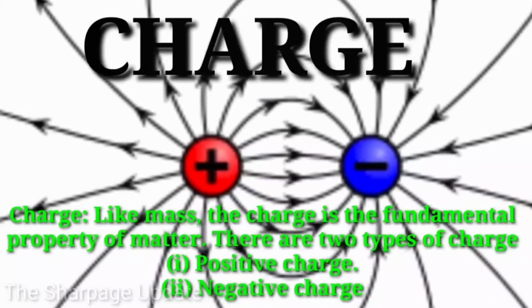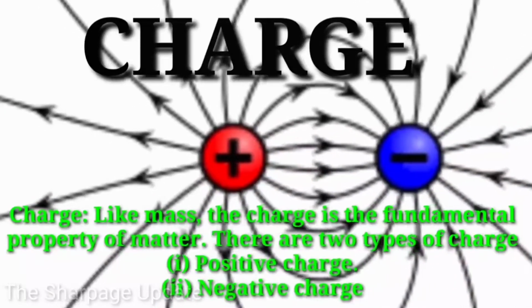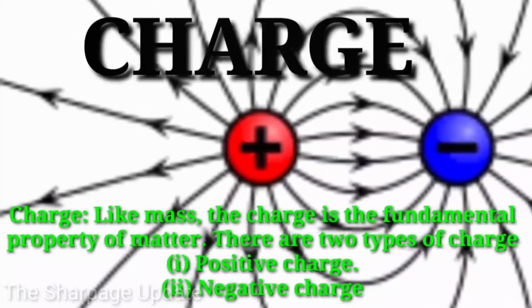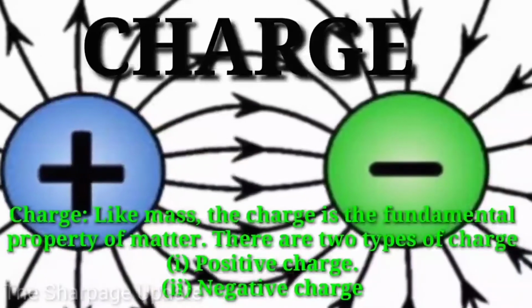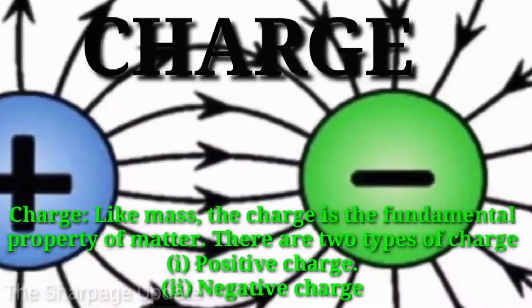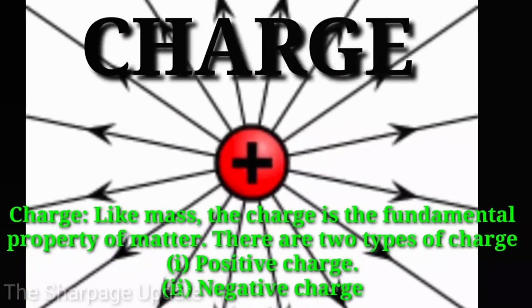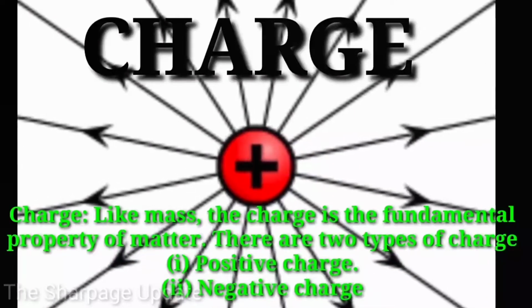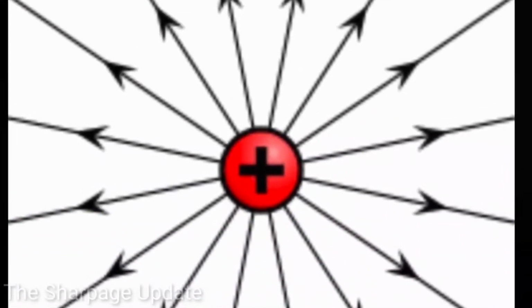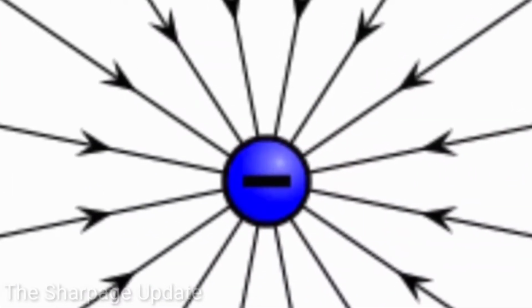Each matter contains some protons, electrons and neutrons. Like mass, the charge is a fundamental property of matter. There are two types of charge: number 1, positive charge, and number 2, negative charge.